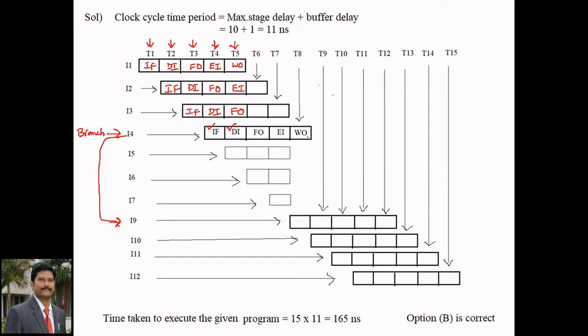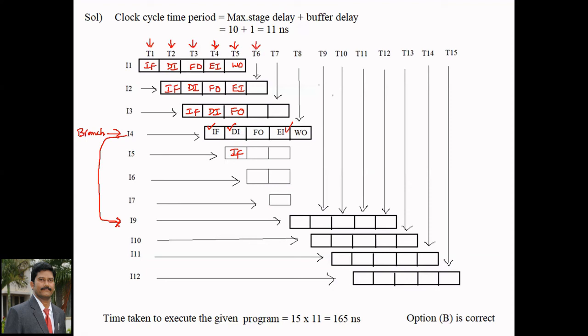That's why I5 already enters the IF stage, because IF is free at this time T5, right? You don't know until the execution unit completes, it keeps entering instructions. Until this execution you don't know it is a branch instruction and that it has to jump to I9. That's why at T5, I5 already entered.